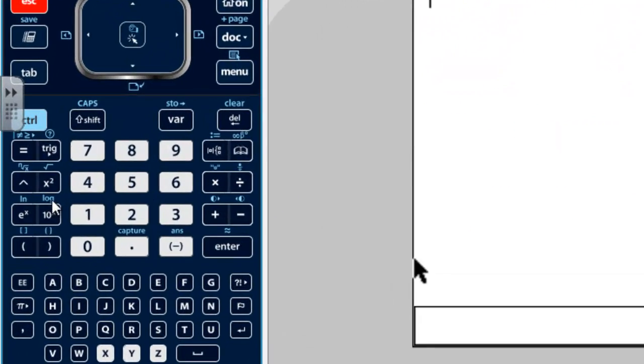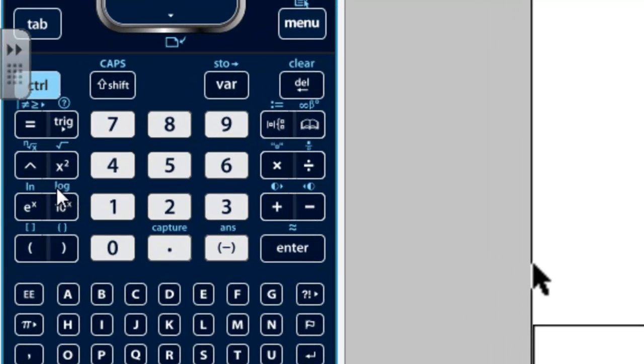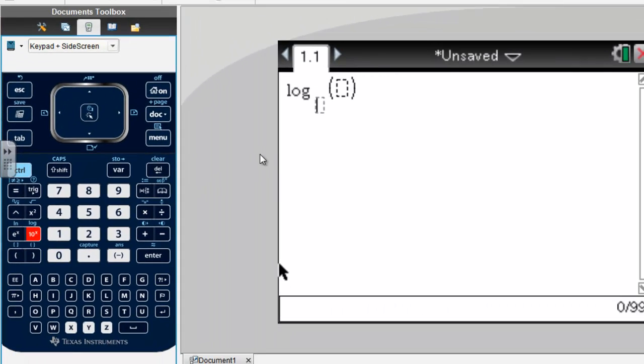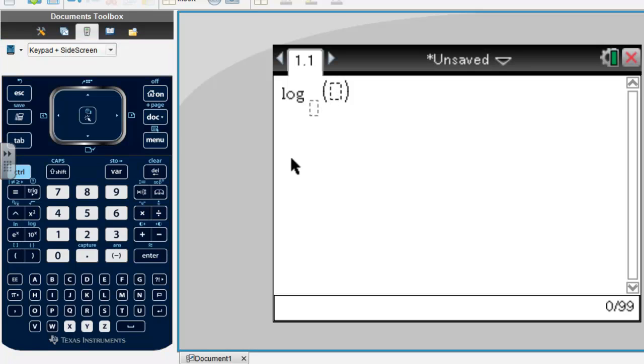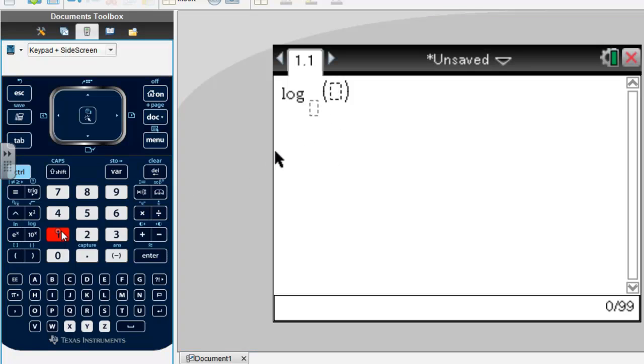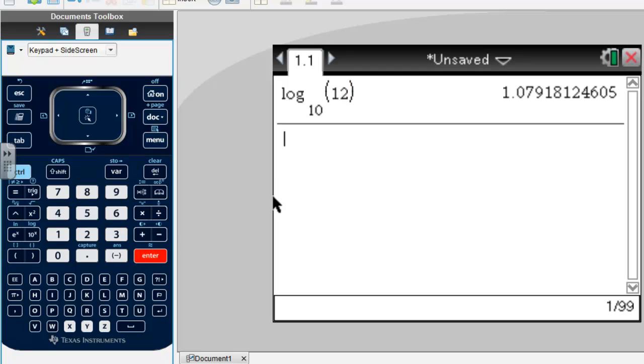If you notice on the Inspire, it says log in blue letters and ln above in blue letters here. And so to get to the log button, I'm going to just do Control 10 to the x, and you notice on the Inspire it gives us a log and then a base and then something here. We don't actually have to put a base in there because automatically if I type in 12, it puts in the log base 10.